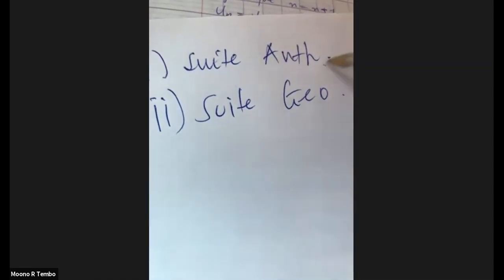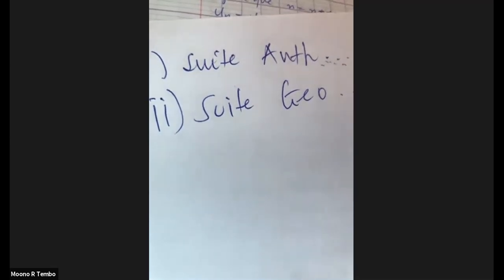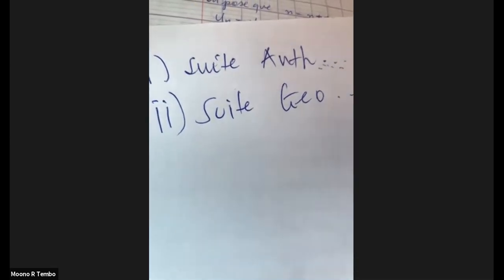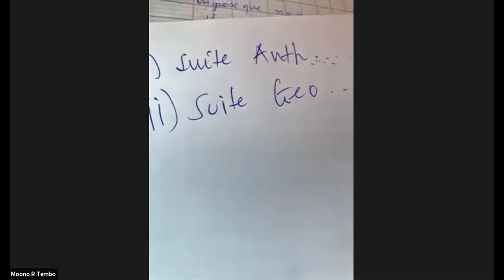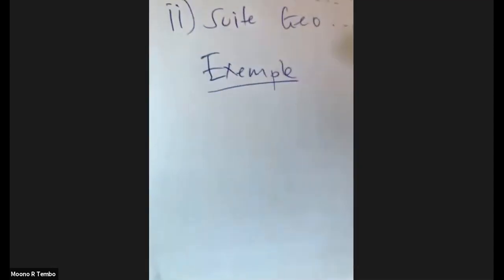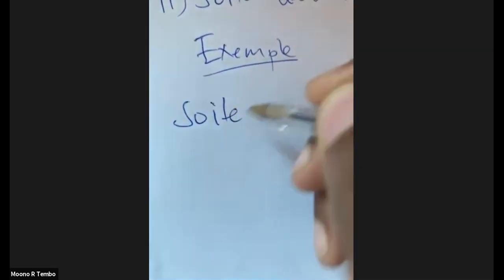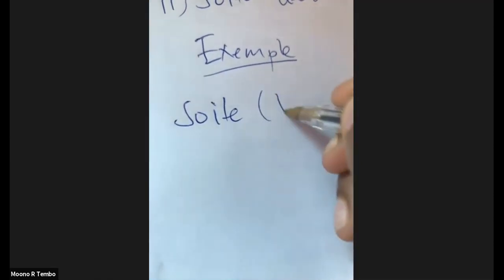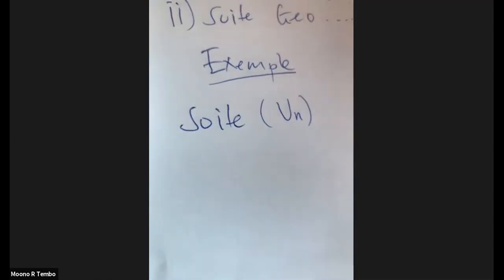Now for the first type of sequence, normally a sequence is written as U_n.